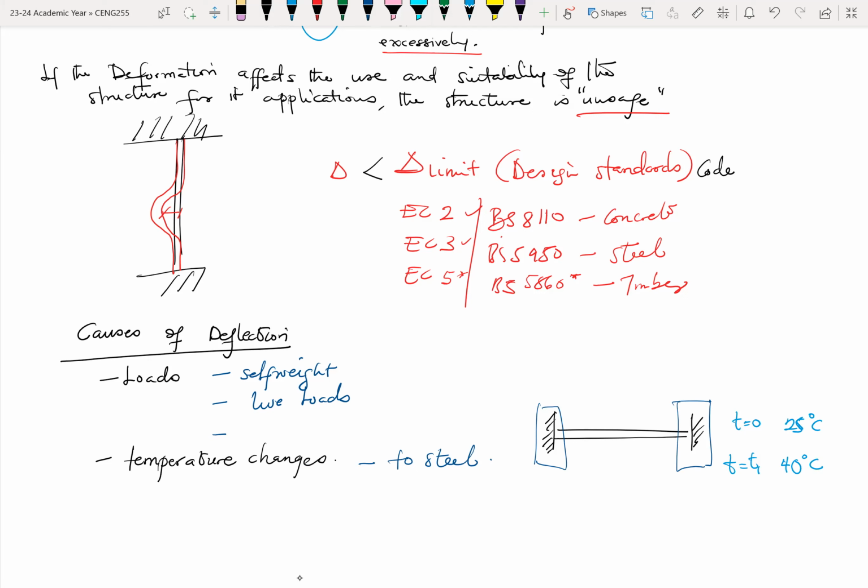Let me draw it properly. Okay. So there can be some deflection occurring due to the fact that there's been an increase or decrease in the temperature. Okay.